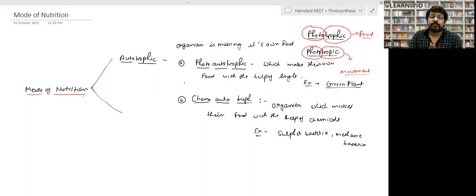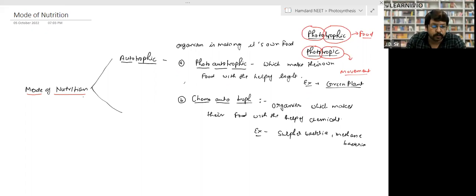Because of leakage of this gas, people die when they go to clean the gutter or go inside the coal mines. So this is the gas which leaks out because of these bacteria, and because of this gas, those laborers and workers die, right? So methane bacteria are also a type of chemoautotroph. So there are two examples which you have to remember: methane bacteria and sulfur bacteria.